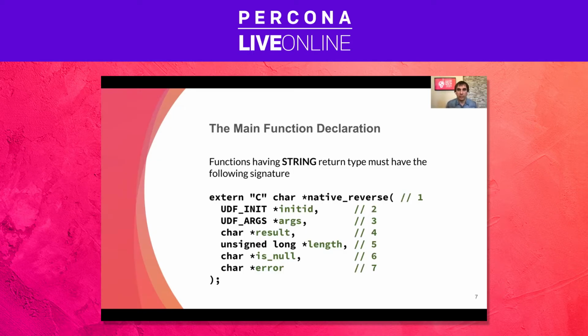According to the same documentation, UDFs returning strings must have the following signature for the main function. I'm not going to go through all these arguments in detail. I will only say that this is a standard C way of extending something, with a lot of, in my opinion, strange side effects.